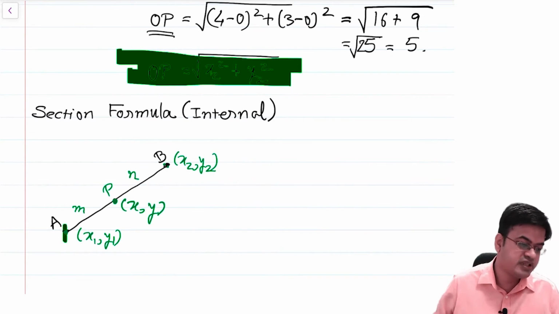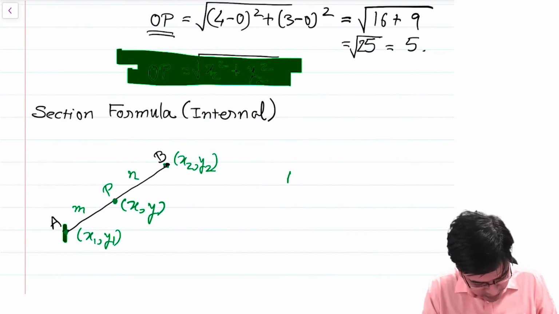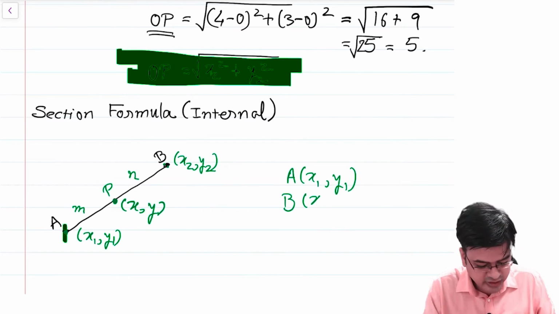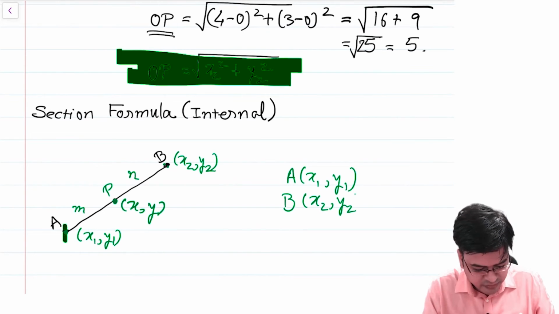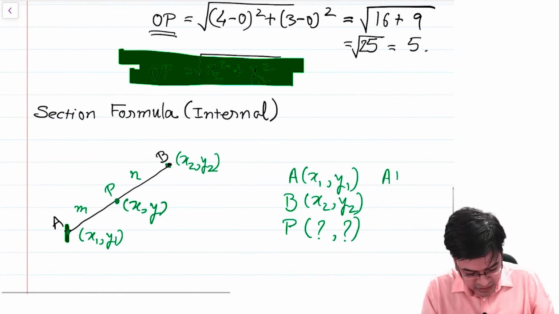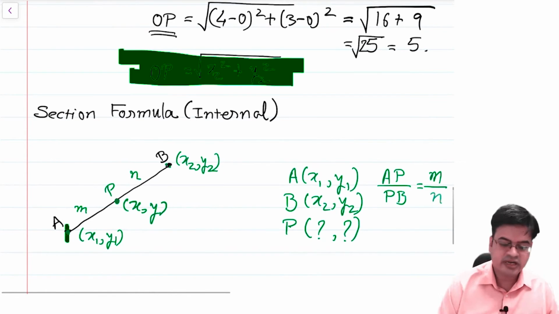So what are the given things? The given things are point A with coordinate x1 y1, point B with coordinate x2 y2. There should be some point P with some unknown coordinates, but the ratio AP upon PB is given to you, and it should be m:n or m upon n.